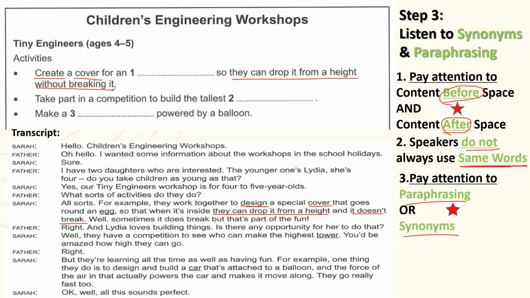So, for the first question, there are both same words and paraphrasing. Also, we hear cover first, followed by drop it from the height, which aligns with the natural flow of the sentence. Thus, the first question is relatively easy.